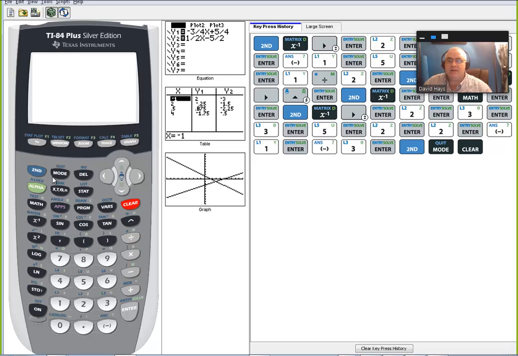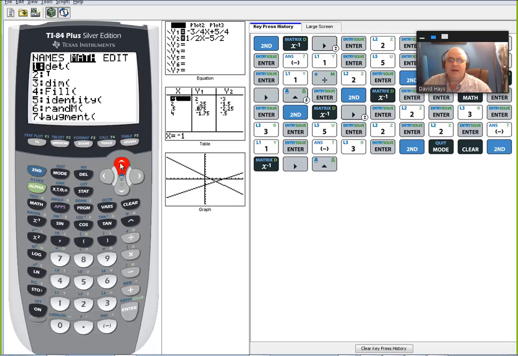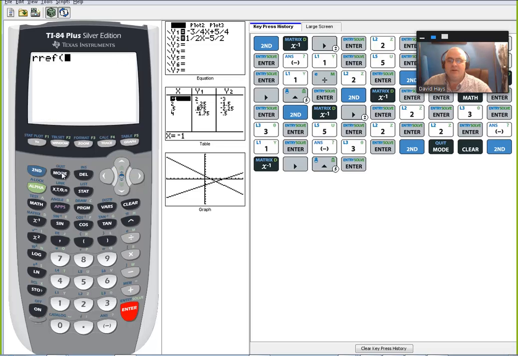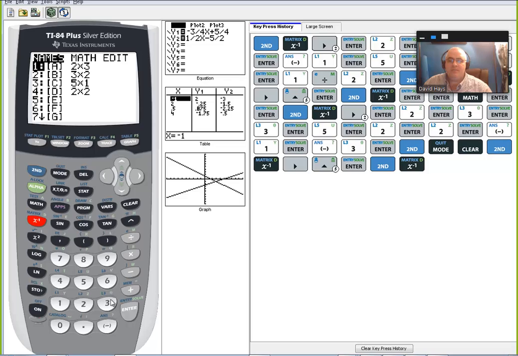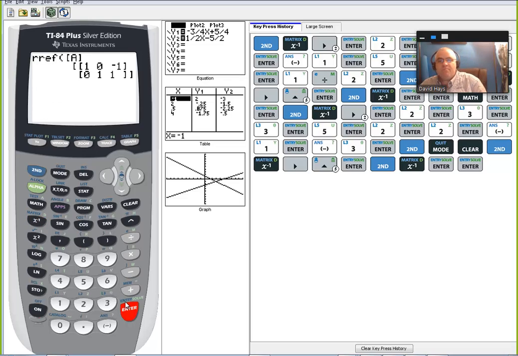Okay. Well, now I'm going to go through my process. I'll do second, x and negative 1, right arrow to math, up arrow to RREF, press enter on it, go back in my matrix menu, second, x and negative 1, enter on A, and enter again.